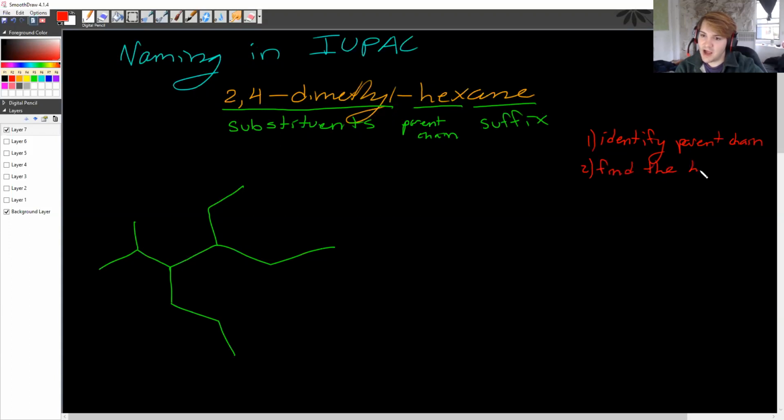Find the highest priority group. And then identify the substituents.